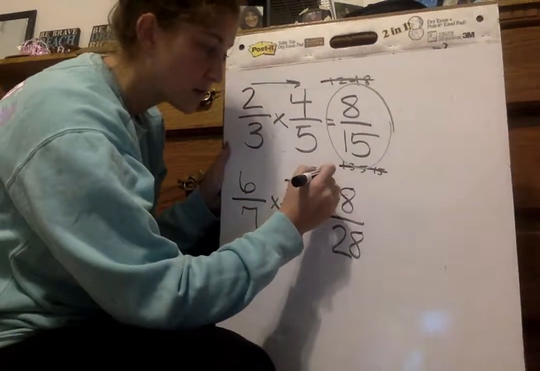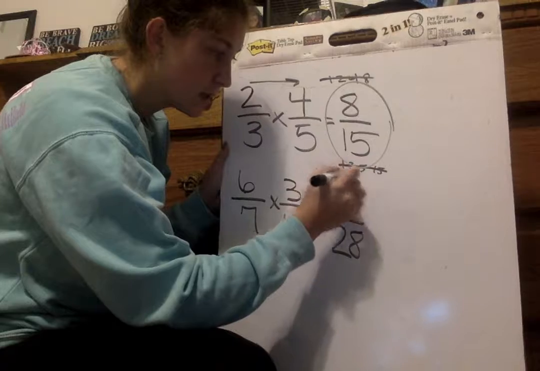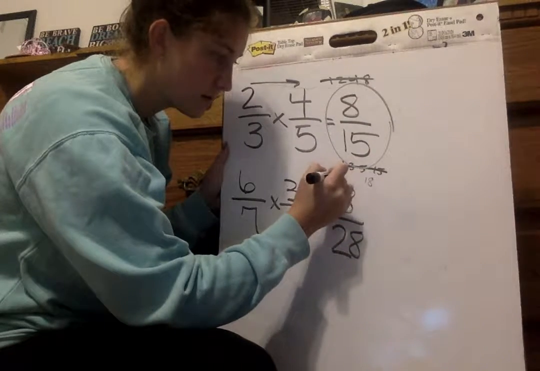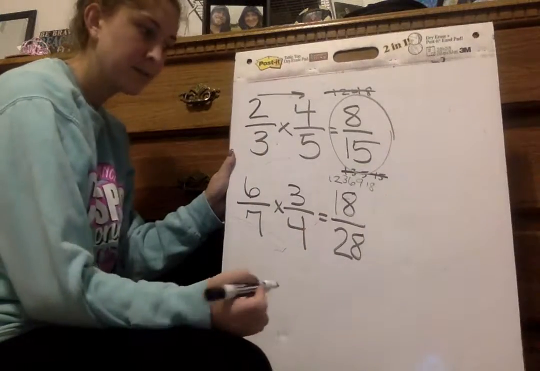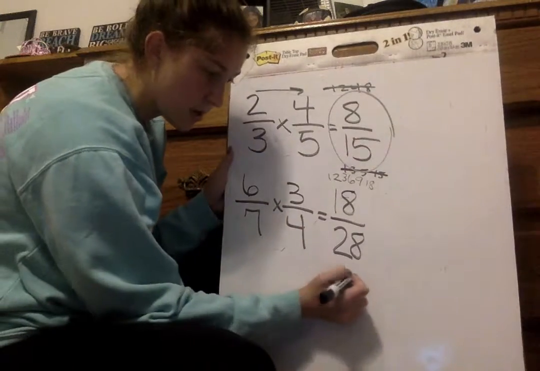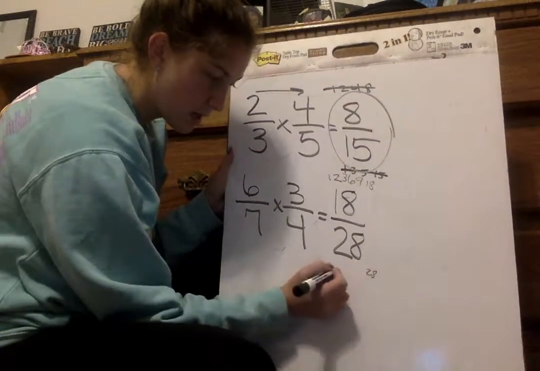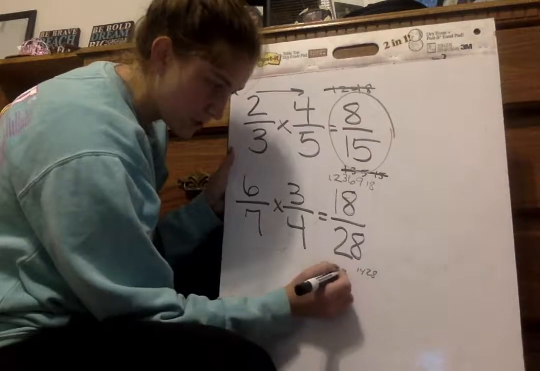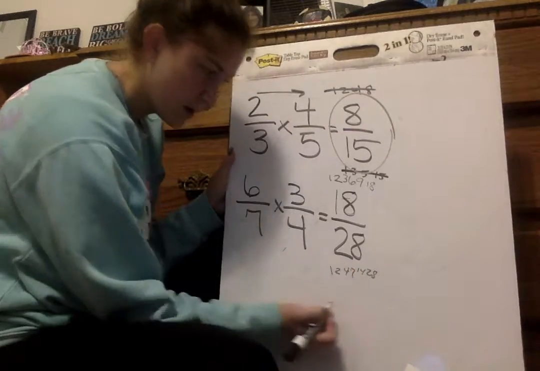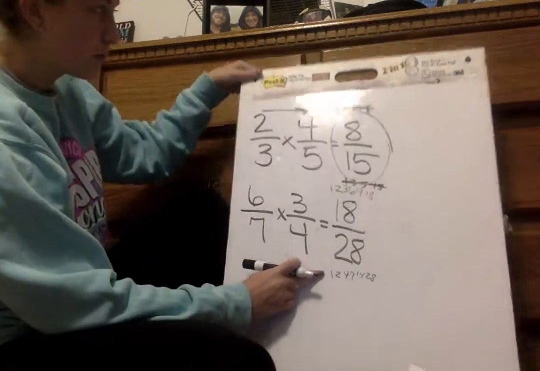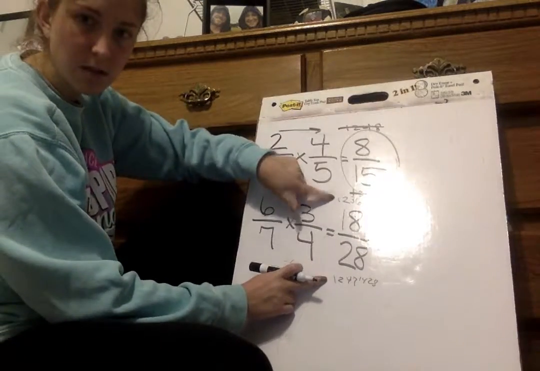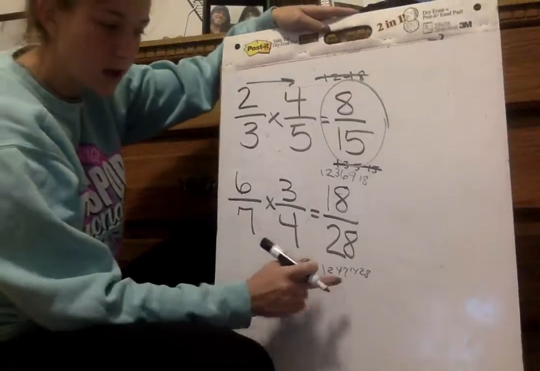So I know the factors of 18 are 1 and 18, 2 and 9 and 3 and 6. The factors of 28 are 1 and 28, 2 and 14, 4 and 7. Do you notice as we go through each of these, do you notice any of them having common factors?